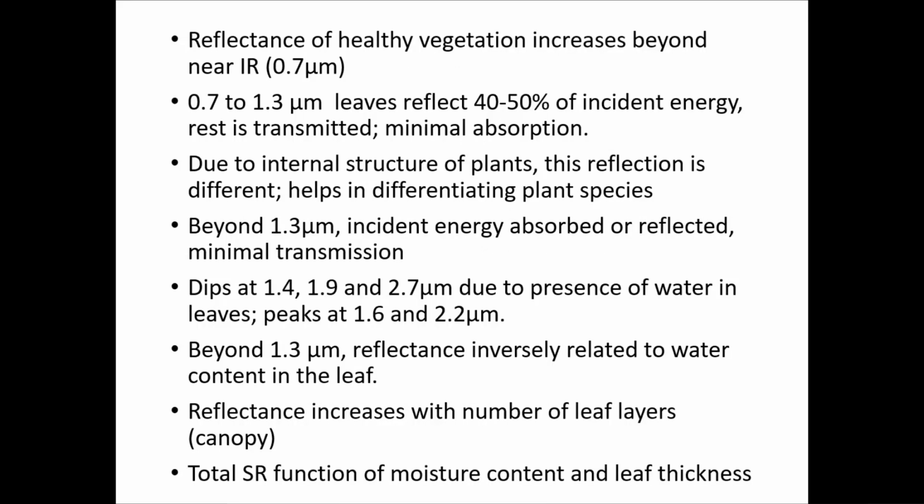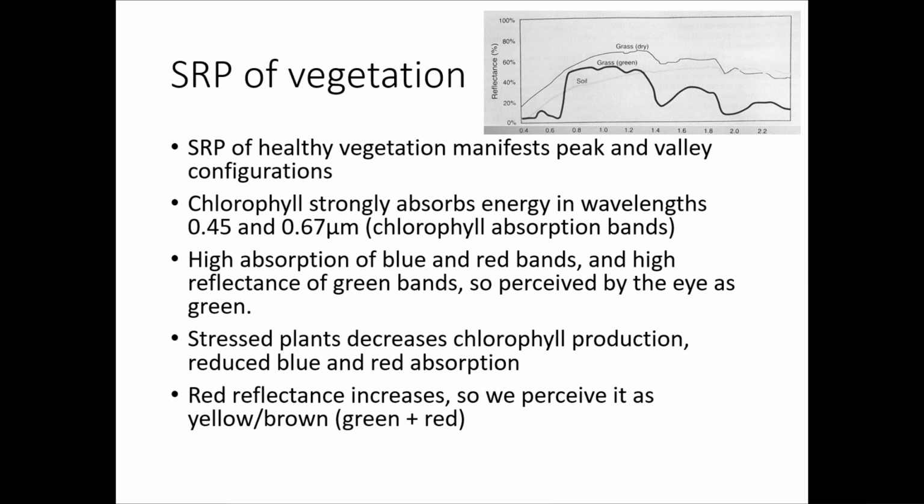And the reflectance of healthy vegetation, if you look at that figure, further increases beyond the near IR range, that is above 0.7 micrometer. And from 0.7 to 1.3 micrometer, the leaves reflect about 40 to 50% of the incident energy. The remaining is transmitted, and there is minimal absorption in the 0.7 to 1.3 micrometer range.